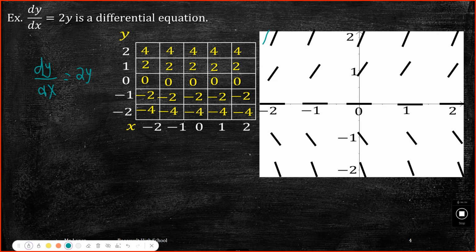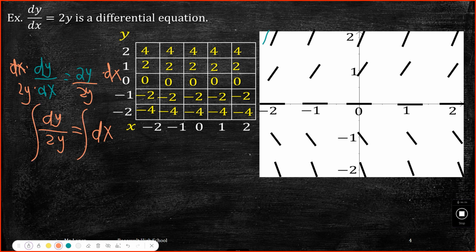Just divide by 2y. Divided by 2y, cancels out. Divided by 2y, and then dx, move it over there, no? So it's going to be dy over 2y, then dx. That's just a constant. You could just move it out, 1/2 dy over y.